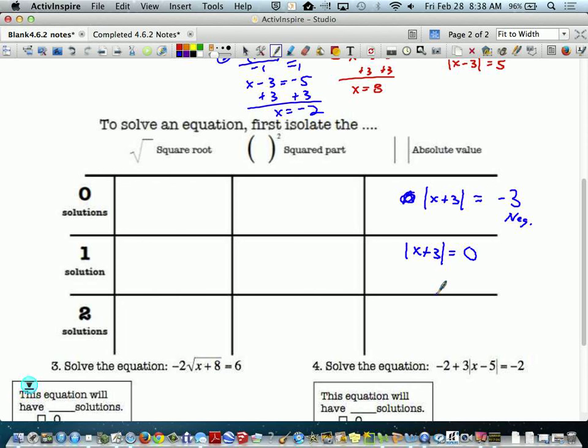You'll have 2 solutions when the absolute value is equal to some positive number, 1, 2, 3, 4, 5, 6, 7, 8, 9, 10, whatever. You're going to end up with 2 solutions. So I want you to think about that situation. We can fill it in later.